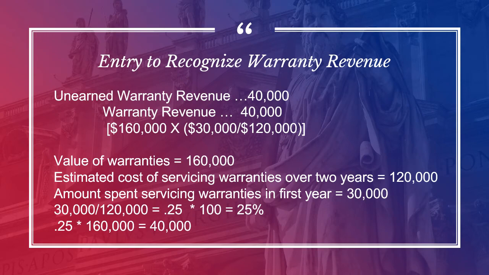Therefore, the unearned warranty revenue of $160,000 now goes down by $40,000. So now $120,000 would be the balance in the unearned warranty revenue account. And sales revenue of $2,840,000 goes up by $40,000. So now the sales revenue is $2,880,000.